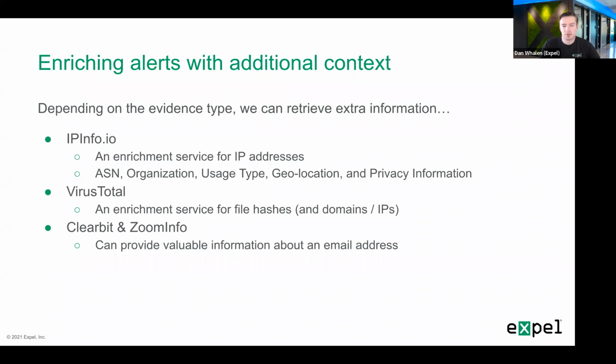That's all really useful information that we can pull in and include as part of our document vectors. Similarly, if you have a file hash, VirusTotal is a very useful service for enriching that information as well.